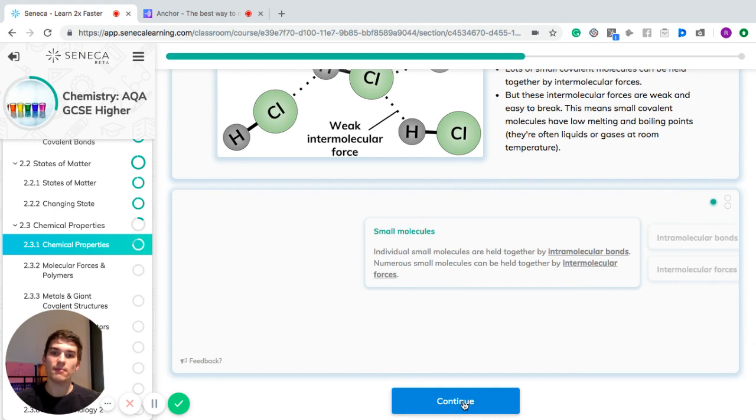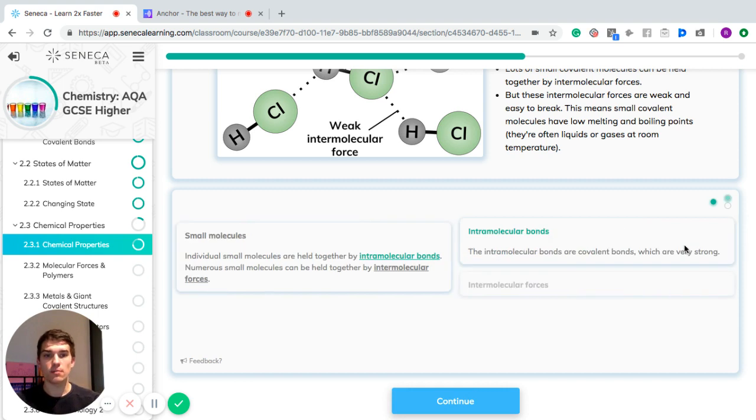So to recap that, individual small molecules are held together by intramolecular bonds. Remember, an intramolecular bond is just a covalent bond, and it's very strong.